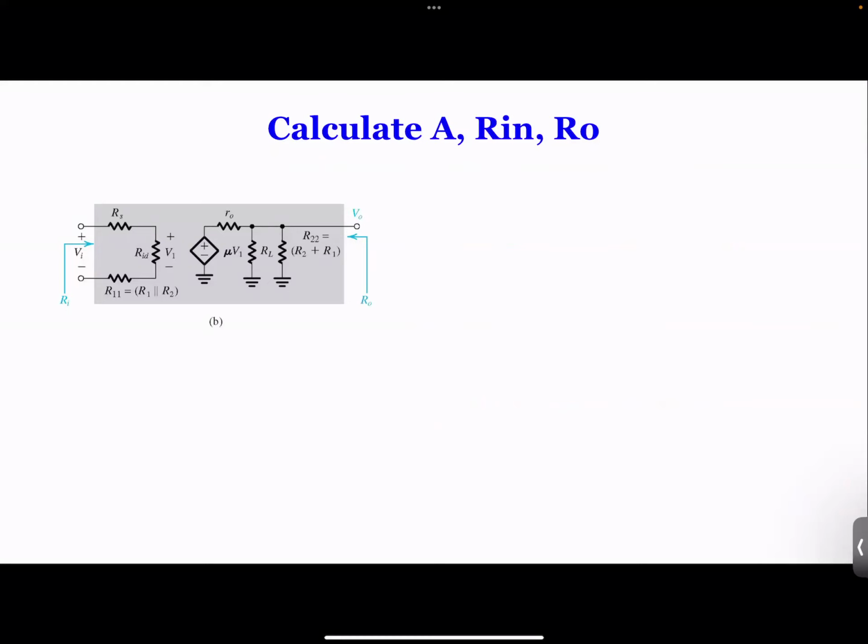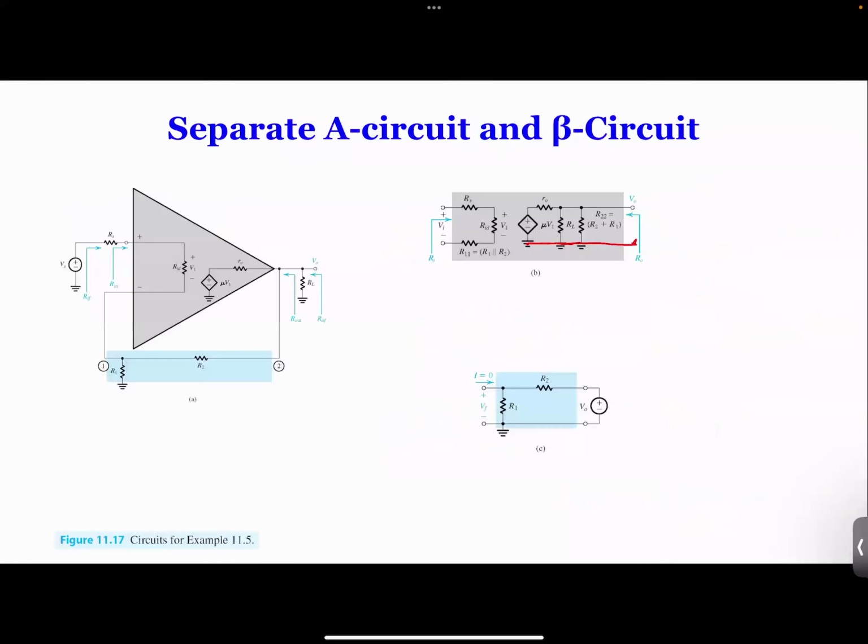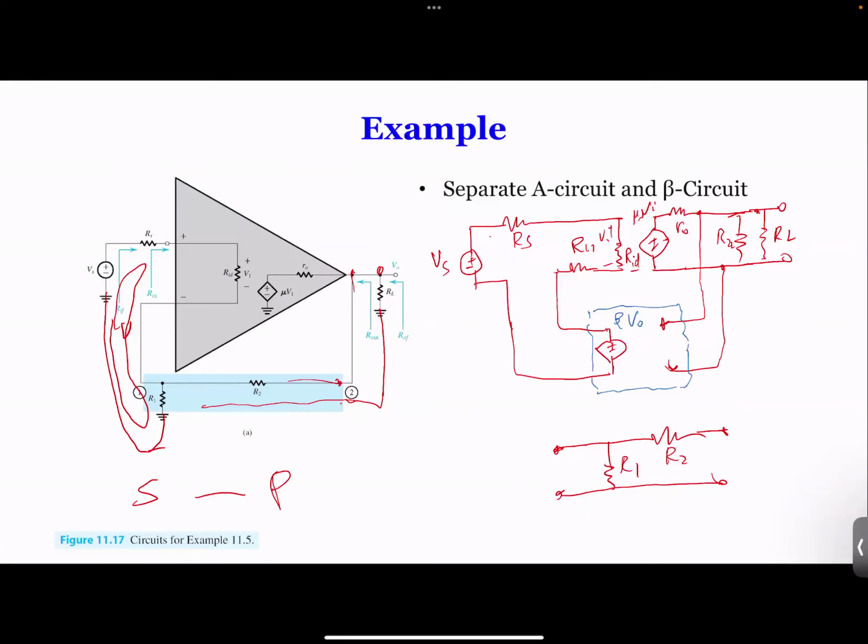So for the circuit, we need to get the A circuit. The A circuit basically, again, if we go back here, is simply removing this feedback over here, or simply setting this to 0, no feedback. So what is the A circuit? The A circuit is no feedback. Feedback is 0, which means beta is 0, this voltage is 0.